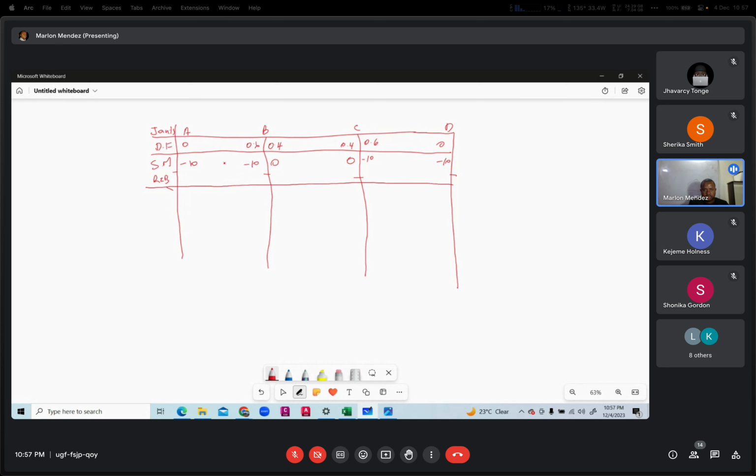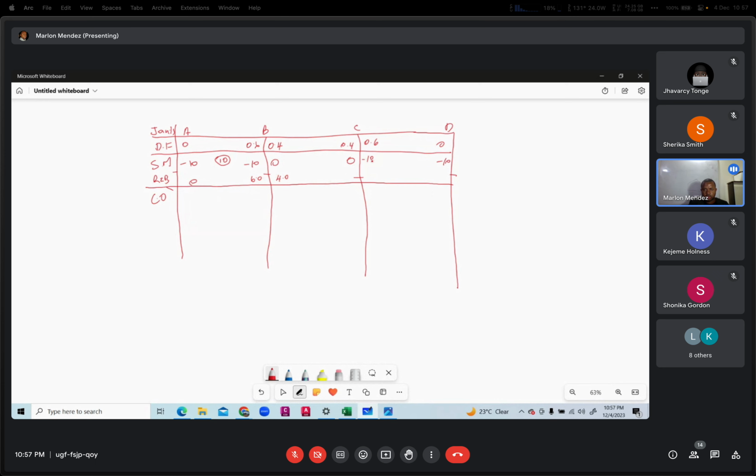So in releasing unbalance, this now becomes positive 10. This multiplied by that gives you 6. This multiplied by that gives you 0.6, 0.4. This here becomes 0. What you're going to do now, carry over.